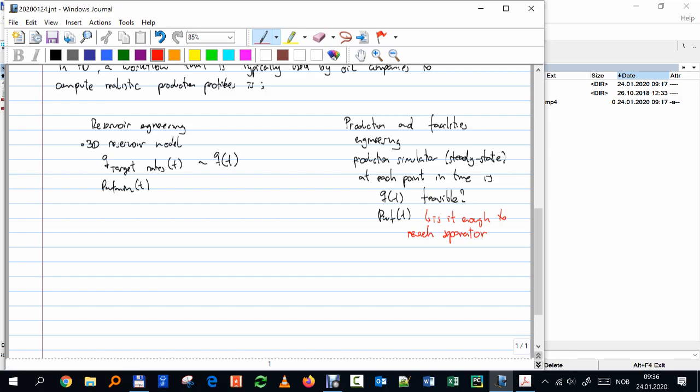So they go and check with this value and the PWF with time that they have sent. They go to their steady state model, and at each point in time they check, is it enough to reach the separator? Sometimes they might take measures to try to make it feasible.